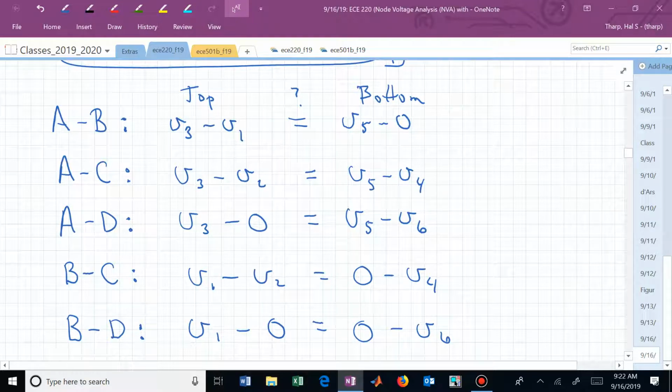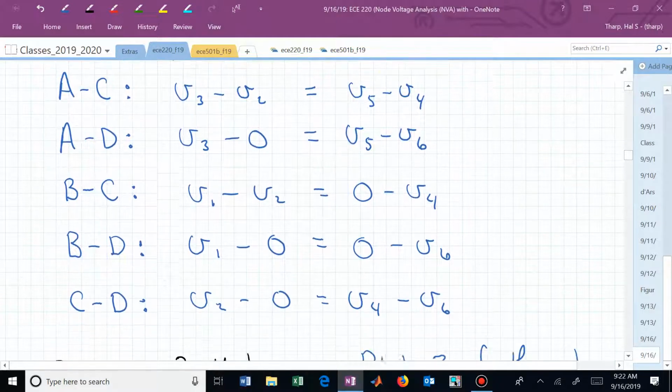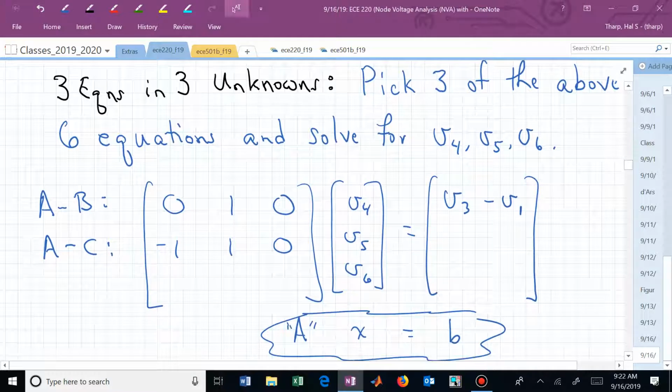And we're just picking 3 of these equations to try to show that you can actually find V4, V5, and V6 from any of these if you know V1, V2, and V3. The first row in that matrix was determined by the AB relationship. The second row was the second row, and the third row in that matrix is now going to be V sub 5 minus V sub 6.